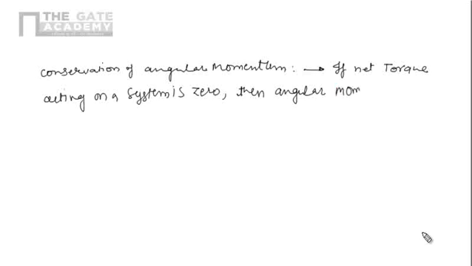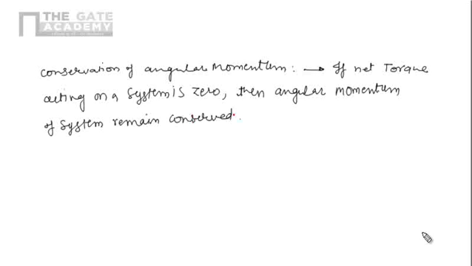Now talk about conservation of angular momentum. According to the conservation of angular momentum, if the net torque acting on a system is zero, then the angular momentum of the system remains conserved.